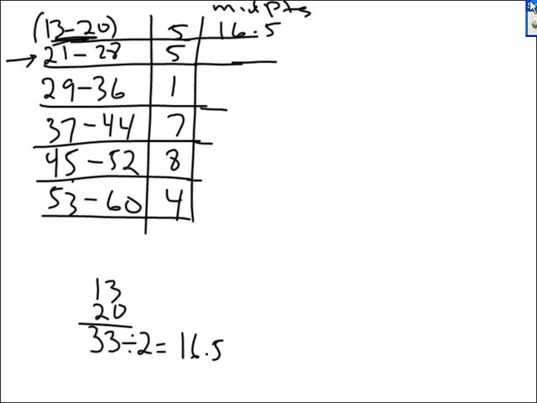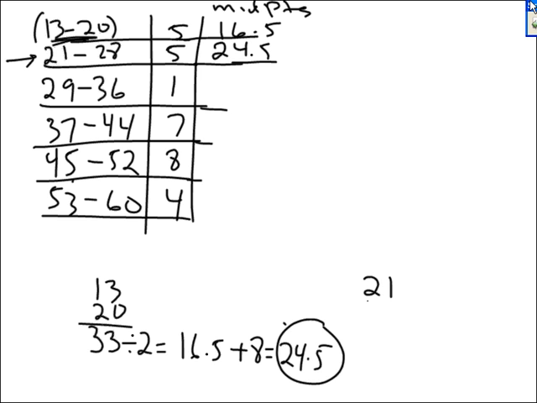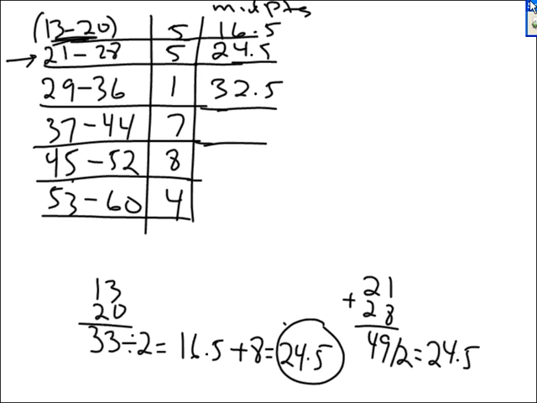But if you prefer, instead of adding 8 and getting 24.5 for the next one, you can add the lower limit and the upper limit, you get 49 divided by 2, you get 24.5. But add 8. If you have to use pencil and paper to add 8, fine, add it. As long as you add it, you won't be wrong.